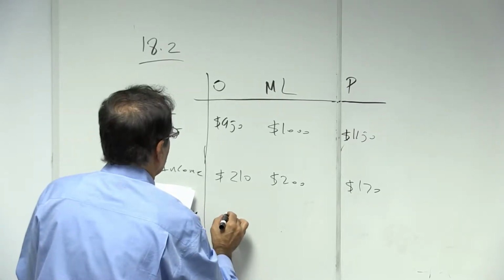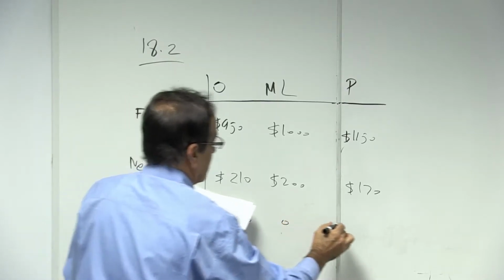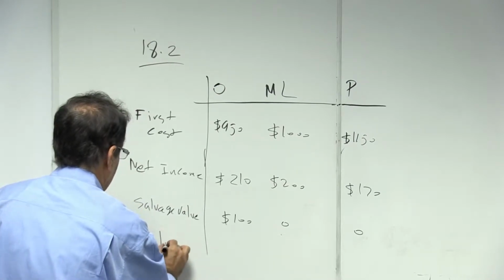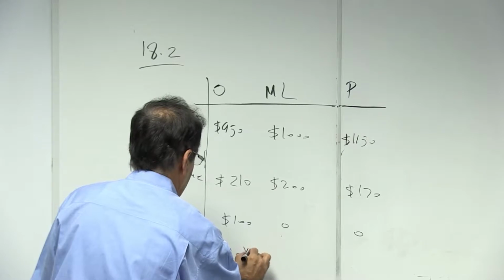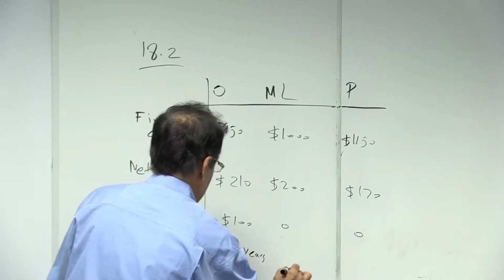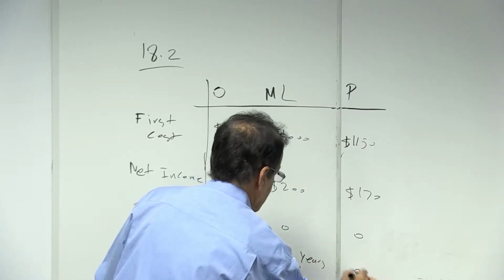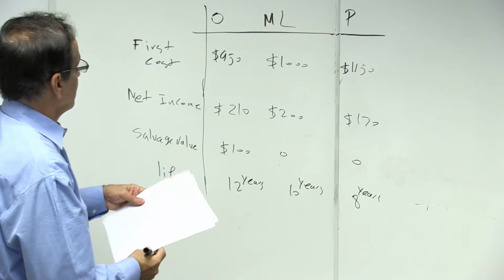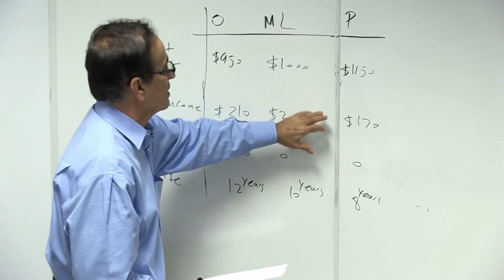For the optimistic value it's 100, and we're going to assume 0 for most likely and 0 for pessimistic. Same thing with the life: 12 years, 10 years, and 8 years. So obviously for each piece of information we have three values: optimistic, most likely, and pessimistic.